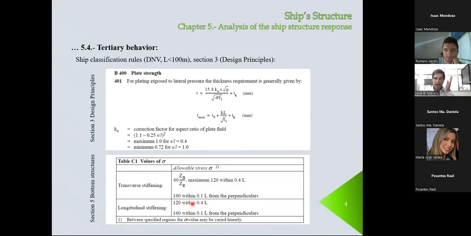Let's suppose that in your ship, your hull has exactly the section modulus that you need, required by the rules. So this ratio is 1. In that case, the allowable stress is going to be 60 megapascals. And in the longitudinal case, it's going to be 120. Why is that? We have to remember these things, you have to have them in your mind.